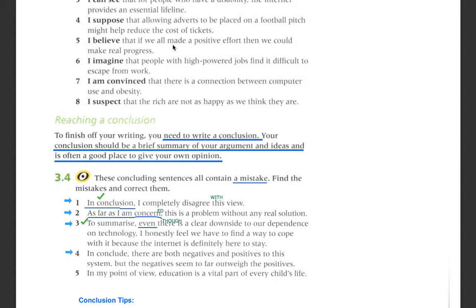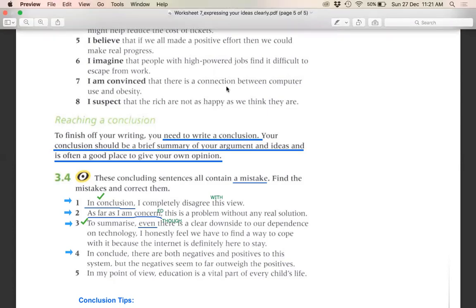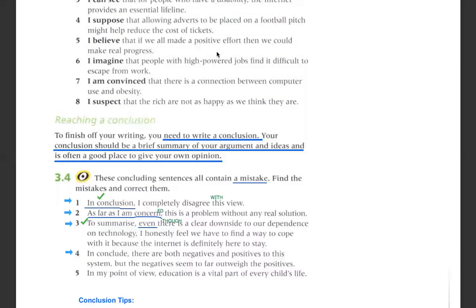Number 4. In conclude, there are both negatives and positives to this. Where's the mistake? Some of you have got it.